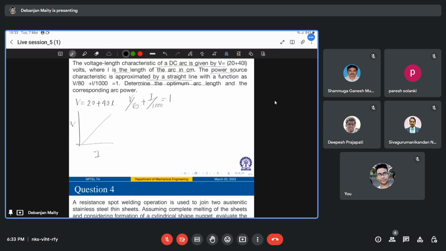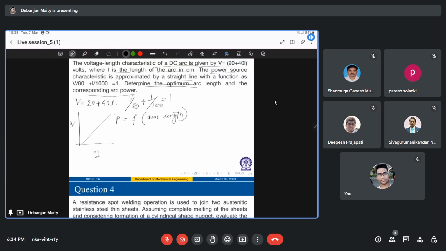How can you do that? If you want to find out the optimum arc length corresponding to an arc power, we need to somehow make the relationship of power which is a function of the arc length, right?